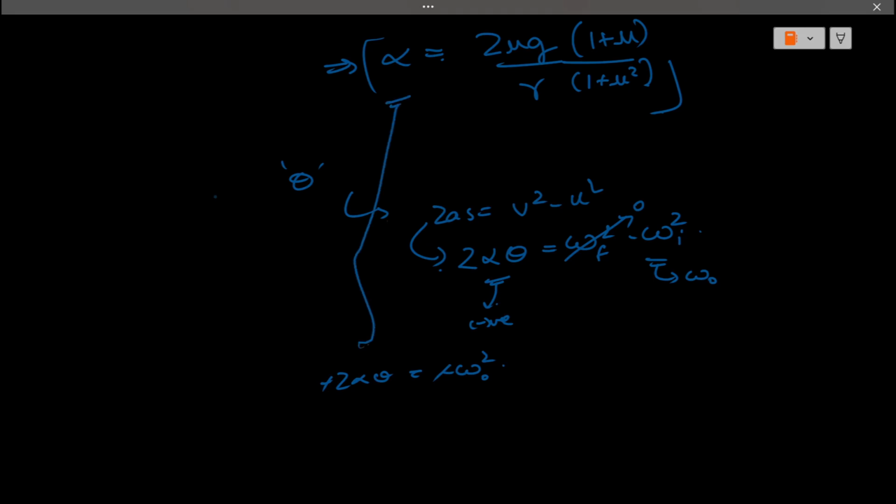So the final answer in terms of theta will be omega naught squared times r into 1 plus mu squared by 4 mu g times 1 plus mu.